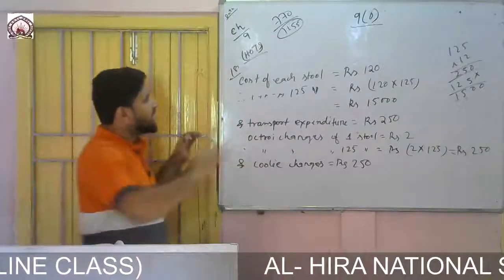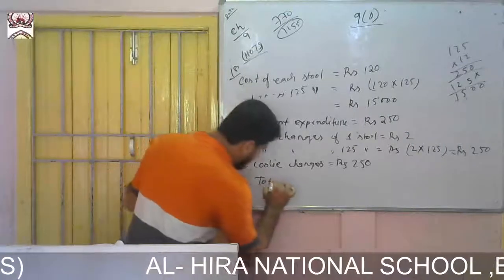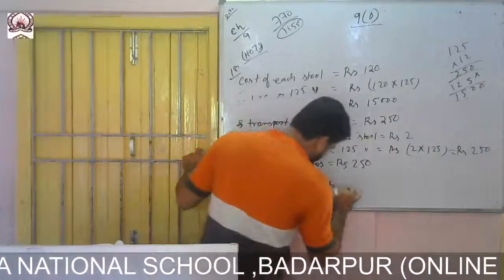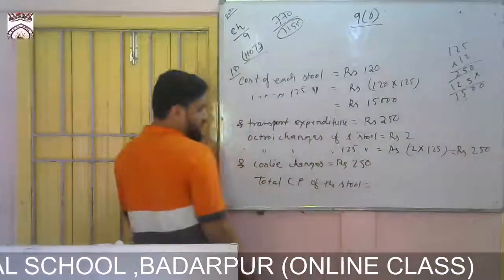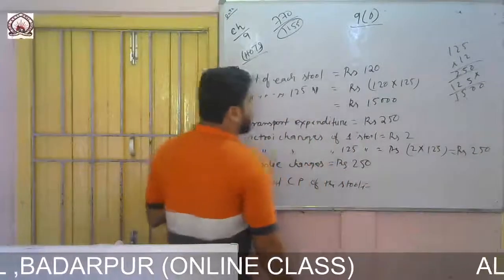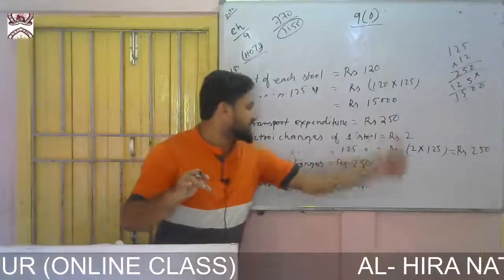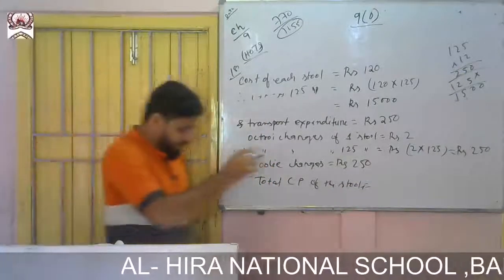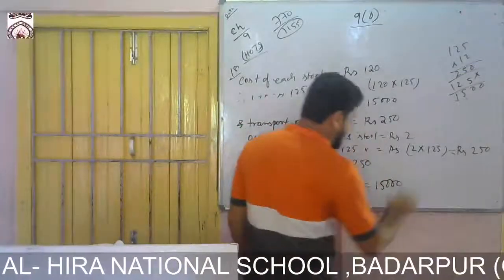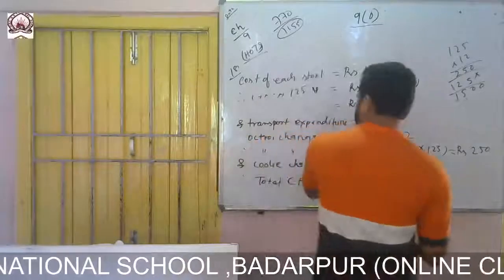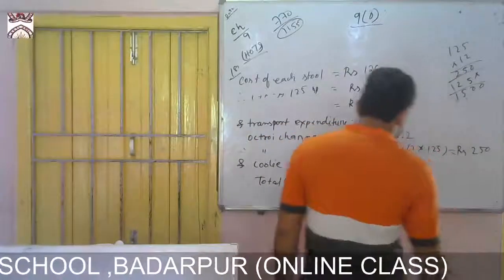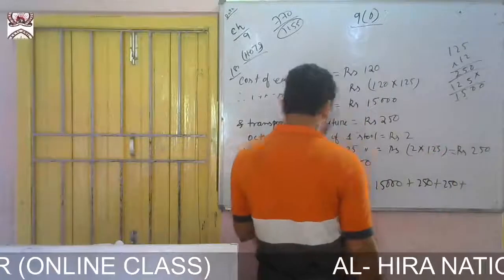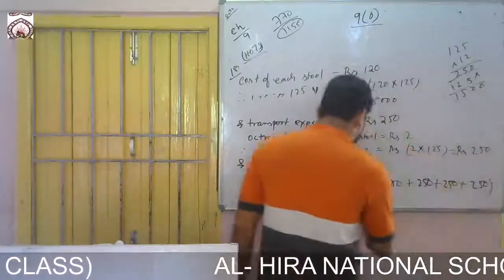Now the total CP of the stools will be 15,000 plus transport expenditure, plus octroi charges, again 250, plus coolie charges, which was 250.